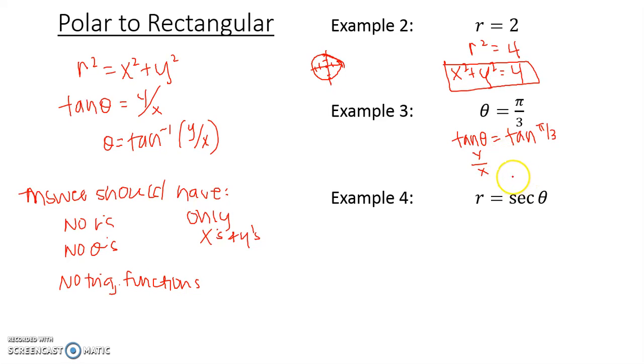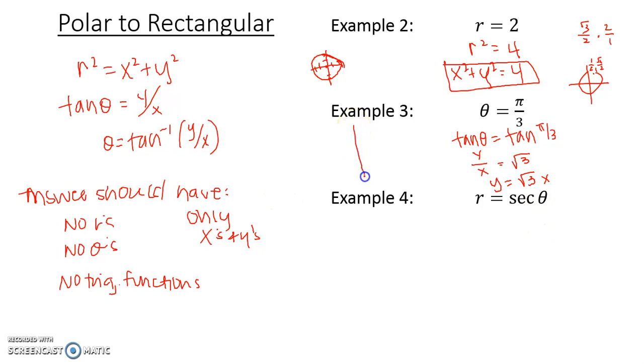Tangent of pi over 3, according to my unit circle, would be radical 3 over 2 divided by a half, or multiplied by 2. So that would be radical 3. Just to make it a little more proper, typically these are y equals, just like they've always been. So y equals radical 3x.